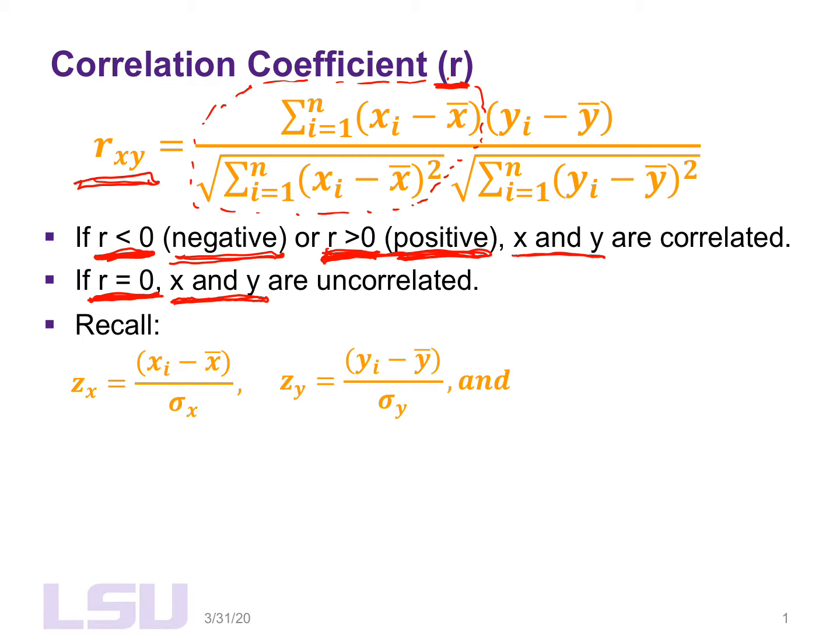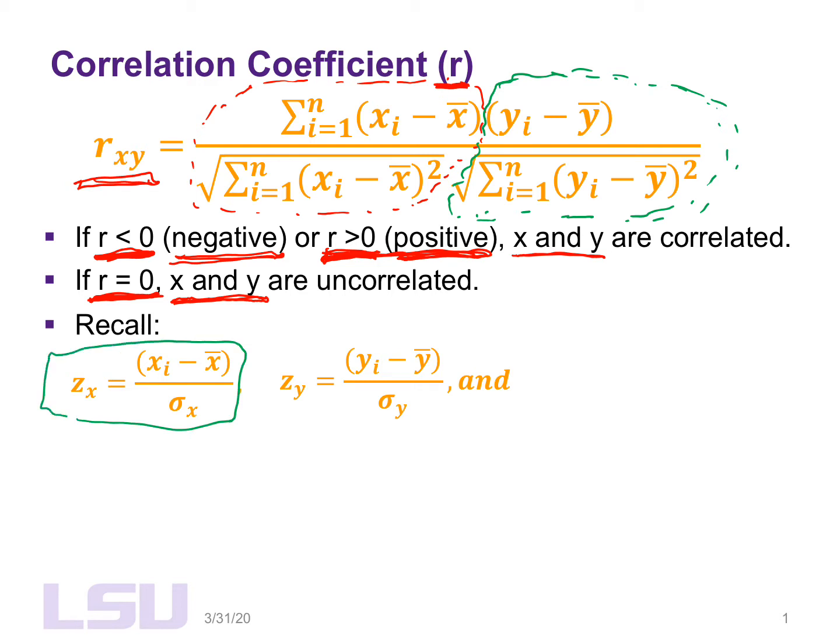Let me do what I like to do, which is to use different colors. You see that? These two terms are actually very familiar. If you recall this equation which we all learned from high school, this is the z-score. It basically normalizes your data.